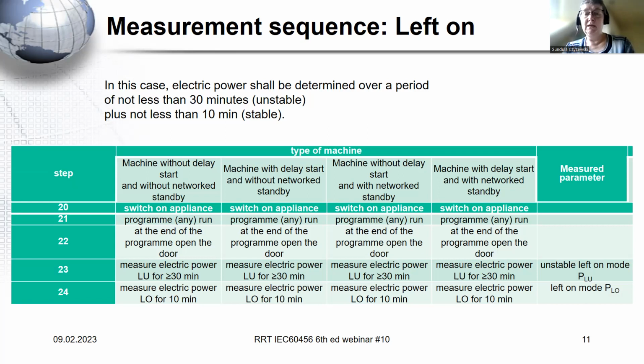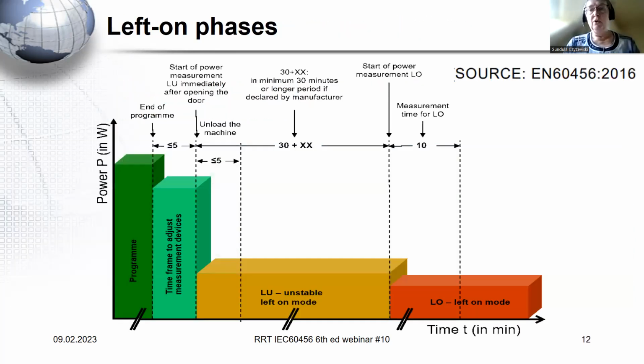So the idea behind this concept was, let's wait for 30 minutes because then all information displays and so on could be switched off. And then you measure the left on mode that lasts forever if you don't switch off manually the machine. This is the picture also coming as a source from the European standard from 2016 that visualizes the specific measurement at the end of the cycle.